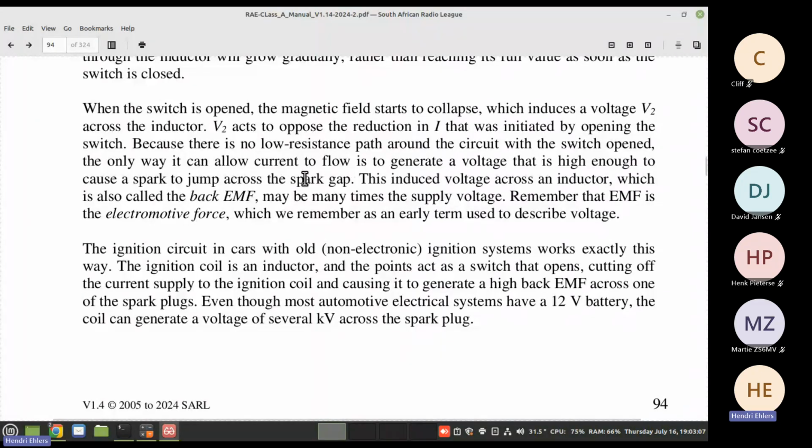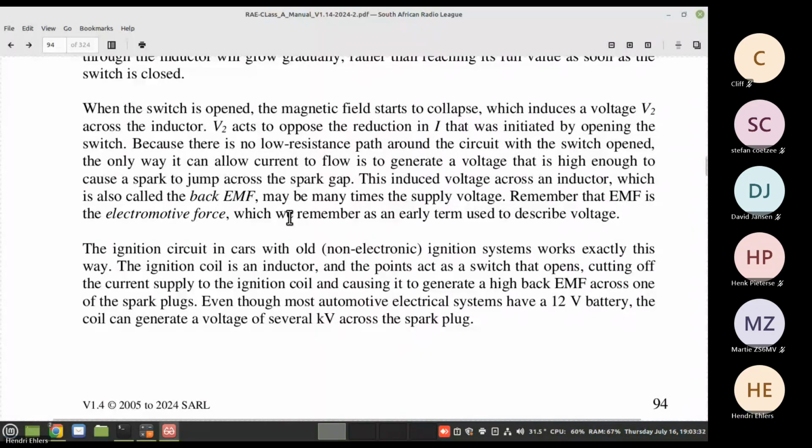When the magnetic field collapses, you get what they call back EMF, and this may be many times the supply voltage. Remember that EMF is the electromotive force.